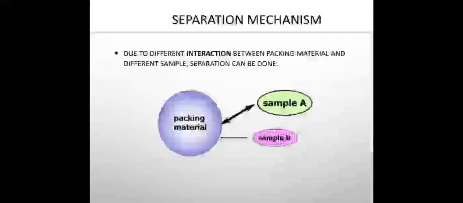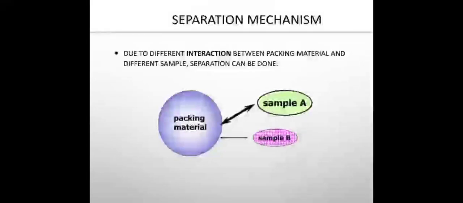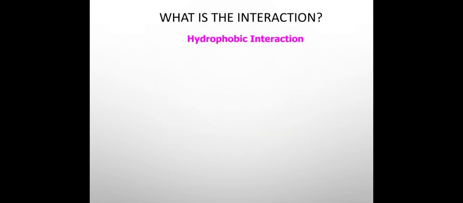So this is the packing material. Packing material means the stationary phase we are taking, and the samples have different interactions with this packing material. Here we show sample A having a different interaction with this packing material and sample B having a different interaction, and that's why we get a separation.